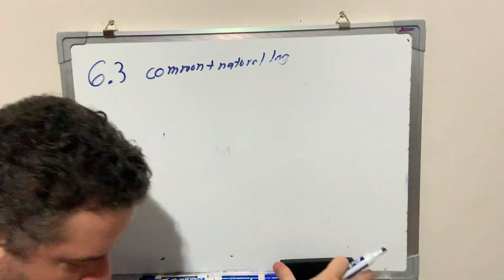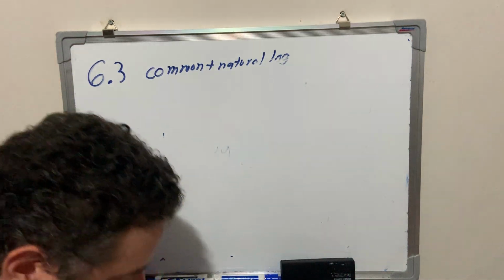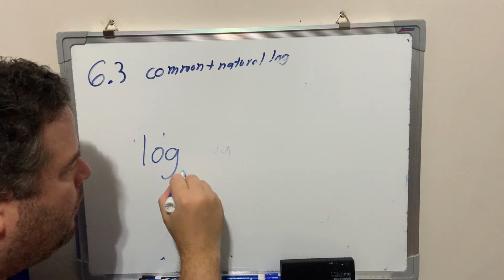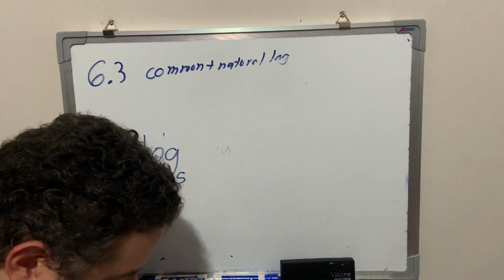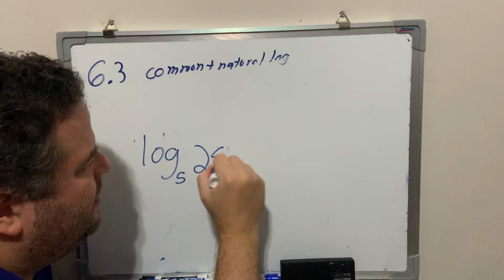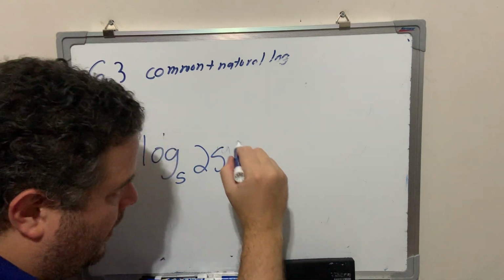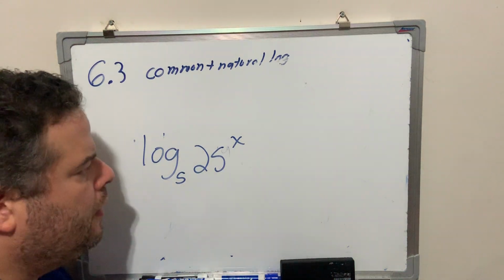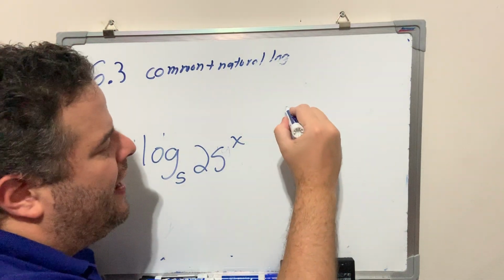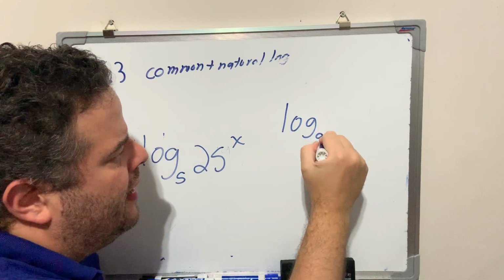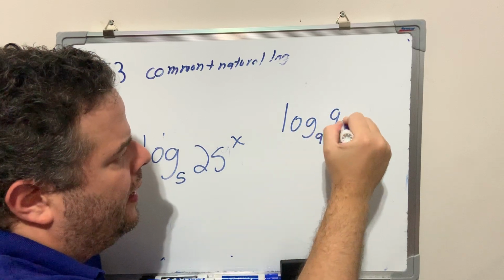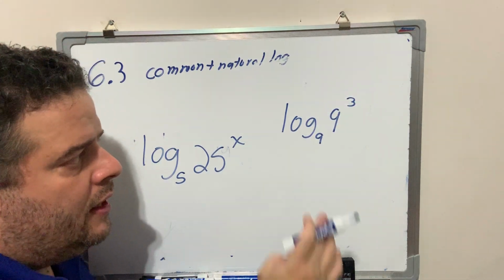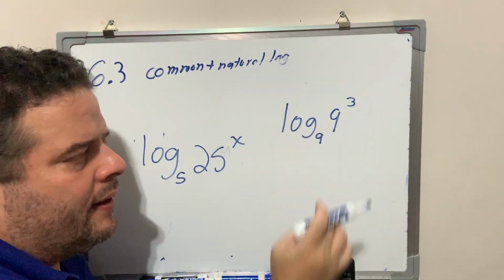Now, let's see another case. In example 5, let's look at B. So I'm told log 5 of 25x. Oh, also another thing, and this is important. If I have, for example, 9 to the log 9 of 3, here it would also cancel out.